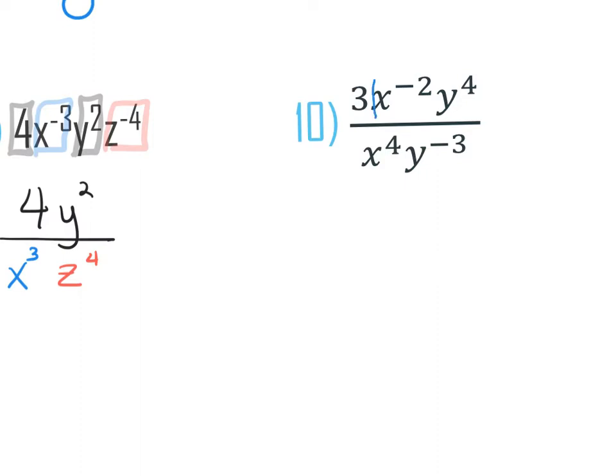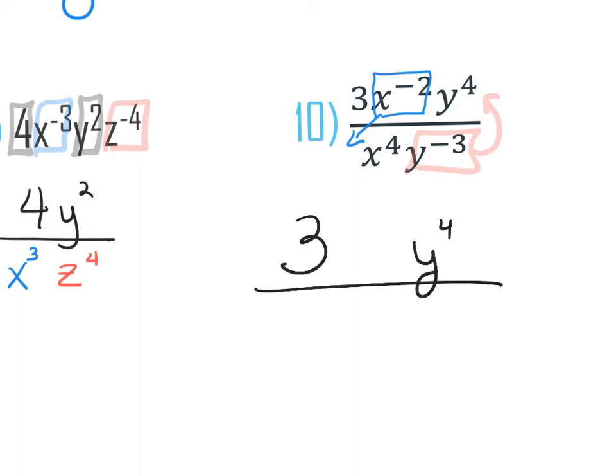So I could take the x to the negative 2. It would move to the bottom. And the same thing for the y to the negative 3. It would go up. So if I do it this way, the 3 will stay. The y to the 4th is staying, and so is the x to the 4th.